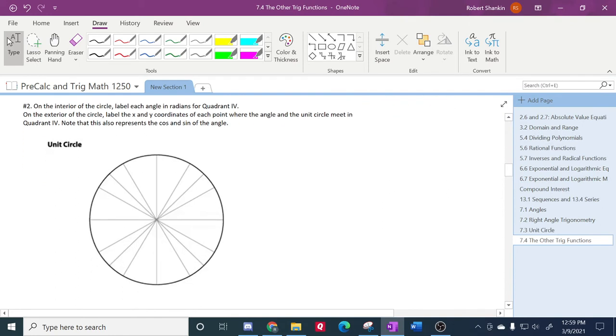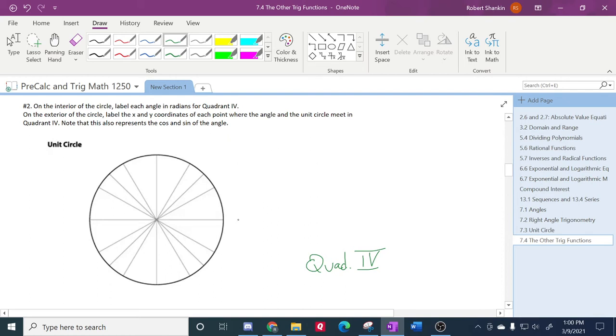On the interior, we're going to do a little bit different activity with the unit circle now. On the interior of the circle, label each angle in radians for quadrant 4. Now, quadrant 4 is down here. So on the inside, each angle, and we were putting degrees on the inside, now we're putting just radians on the inside.